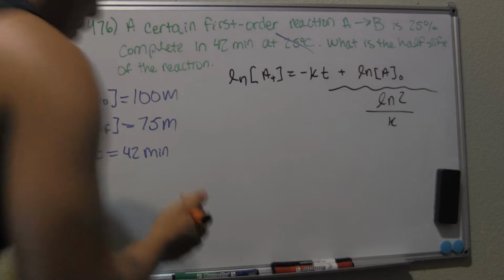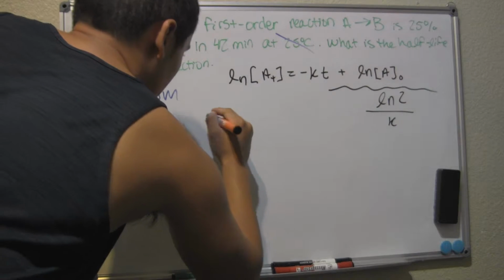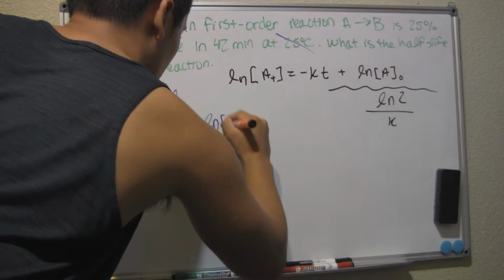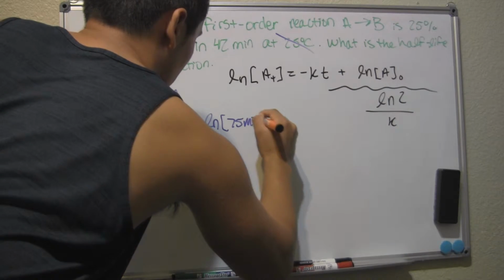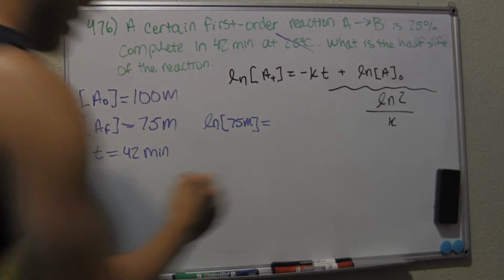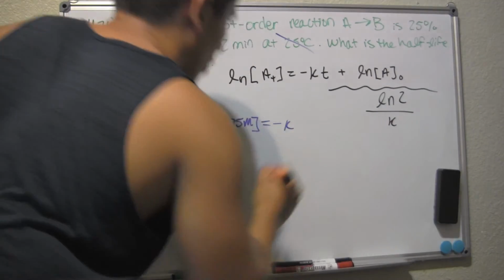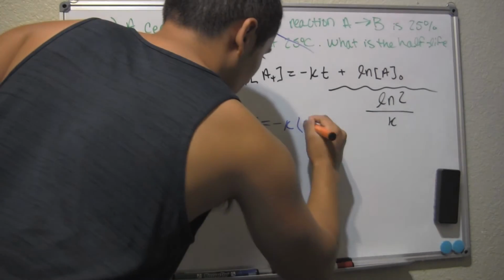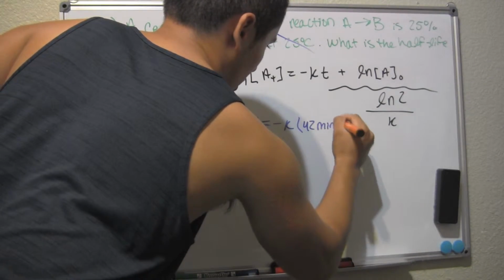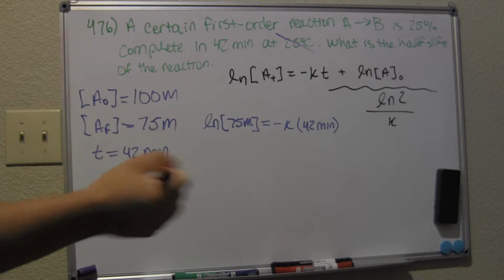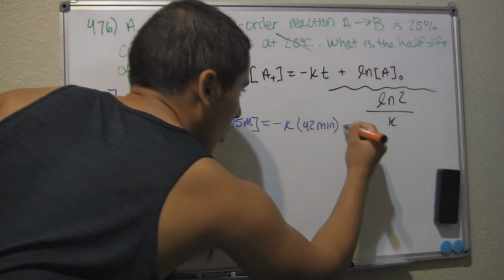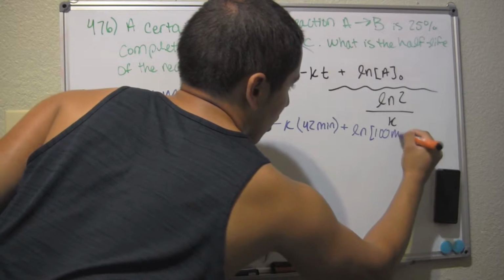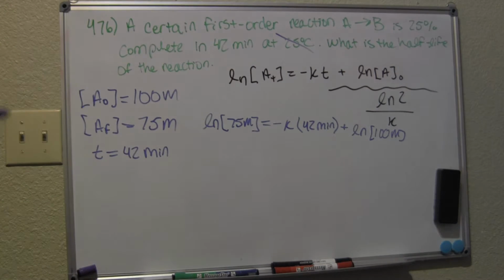Let's start plugging things in. The ln of A t, which is 75 molar, is equal to negative K, still unknown, times t, which is 42 minutes, plus ln of A naught, which is 100 molar.